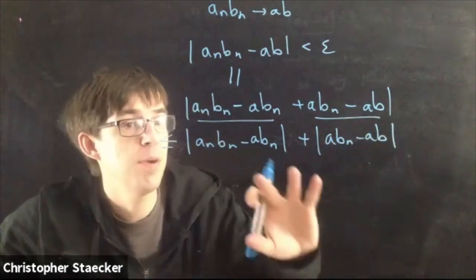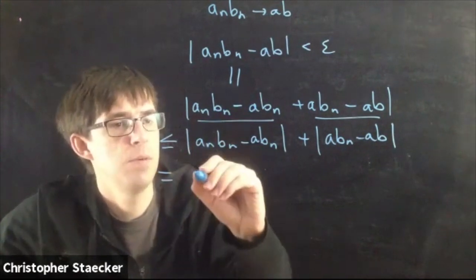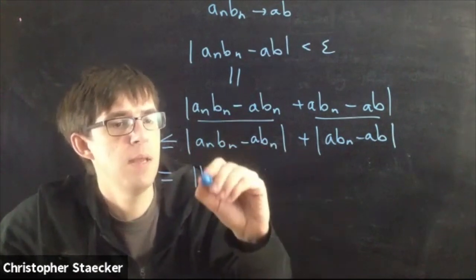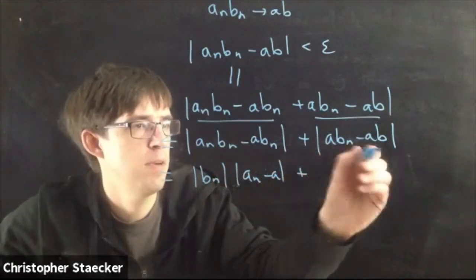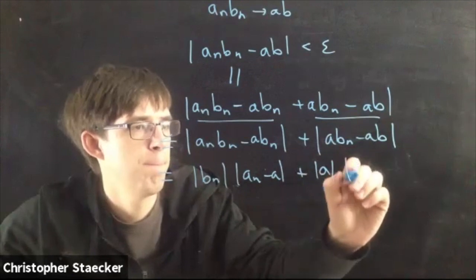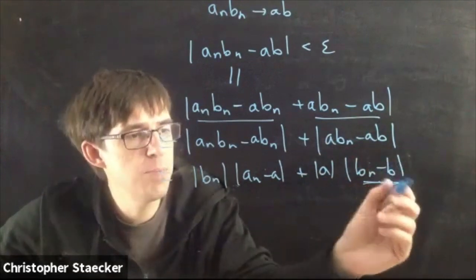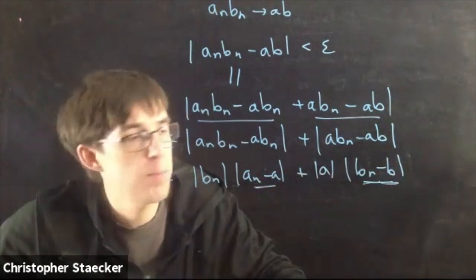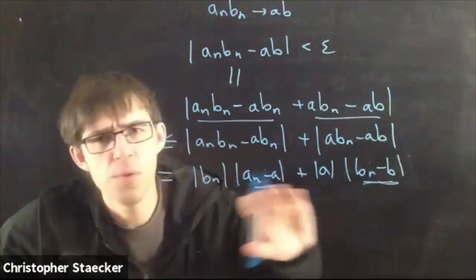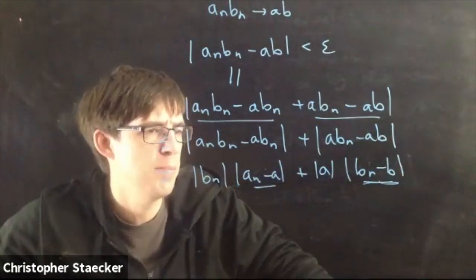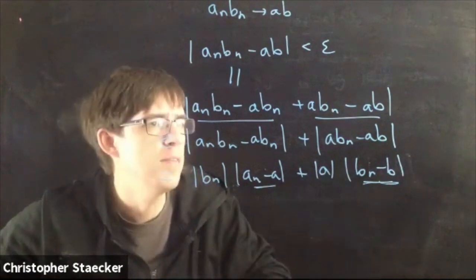And now we can factor parts out. This actually is equal at this point to, here I can factor bn, an minus a, plus here I can factor a, bn minus b. And now we can make this guy super small and this guy super small with some kind of epsilon over 2 kind of action. Although you will see it's not exactly the epsilon over 2 sort of a thing. But this is the idea of that proof.